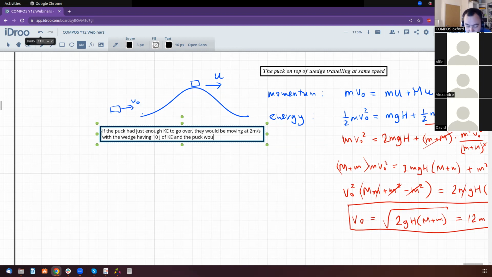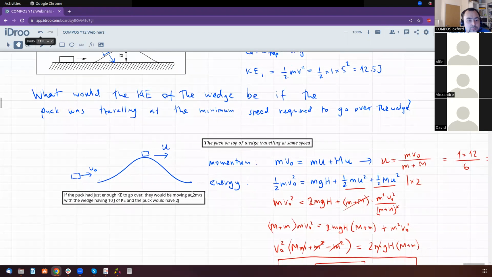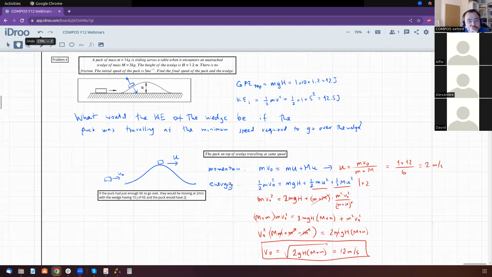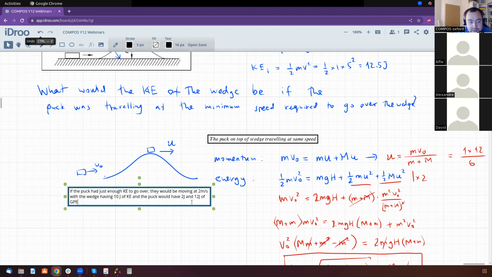Puck would have 2 joules. Okay, yes, would have 2 joules of kinetic energy and 12 joules of gravitational potential, 12 joules of GP.